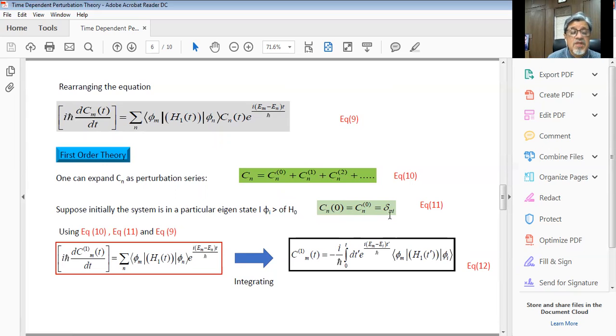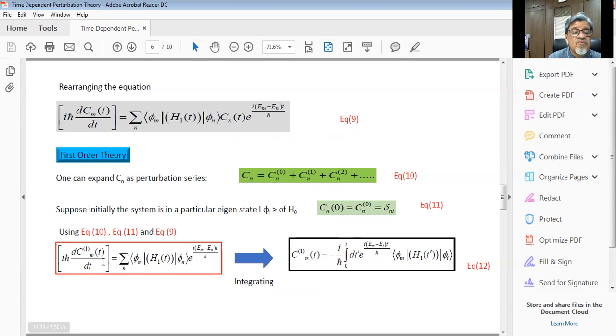Ni means the initial one. Now, using equations 9, 10 and 11, we can write i h-cut dCm1(t)/dt equal to the summation over n of bra phi m, H1(t), ket phi n, e to the power i (Em minus En) t divided by h-cut.